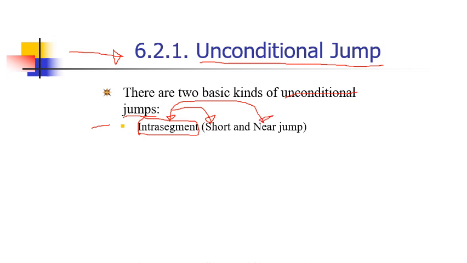The second type is the inter-segment jump, meaning you jump between code memory segments, not within one. You will have to leave the currently active code memory segment to another code memory segment, and you need to activate it.